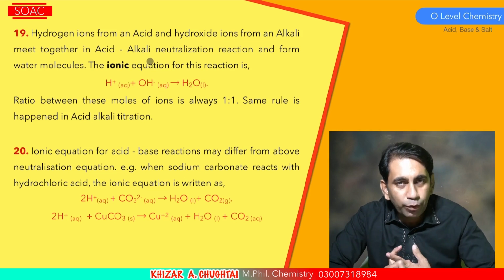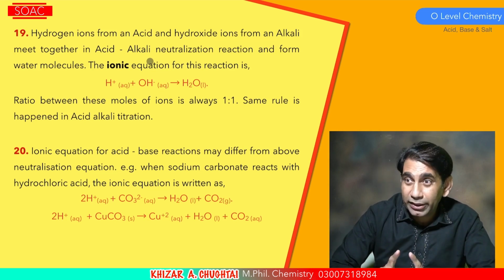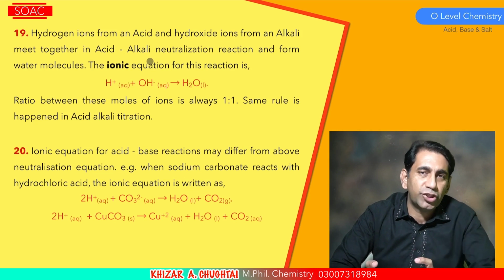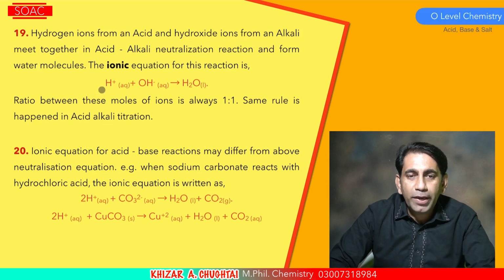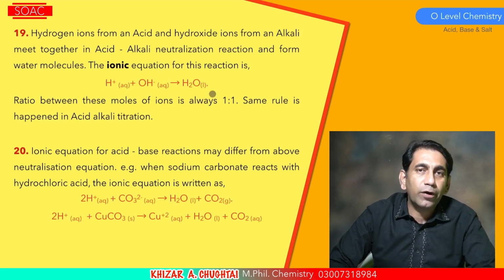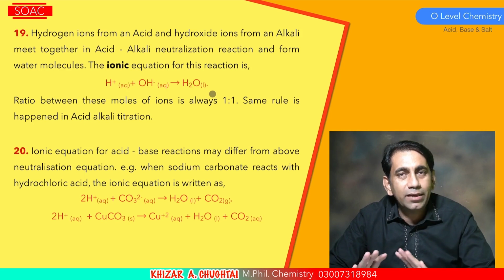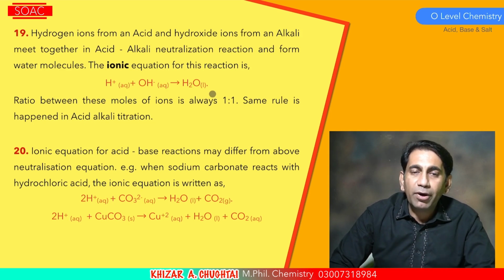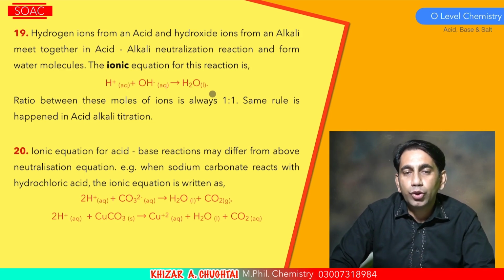In acid-alkali neutralization reaction, the basic reaction is between H positive ion and OH negative ion. And whenever they meet together, they form H2O, water. And here is the ionic equation for all types of acid-alkali reaction. All types of acid-alkali reactions are going to show this sort of ionic equation.